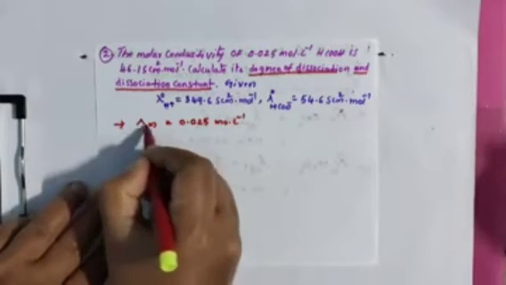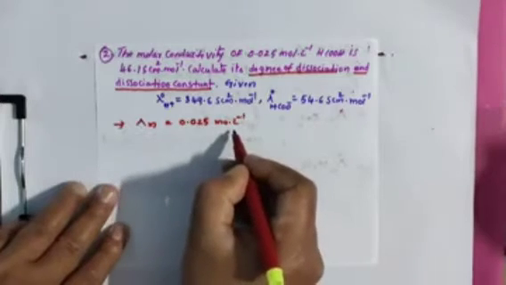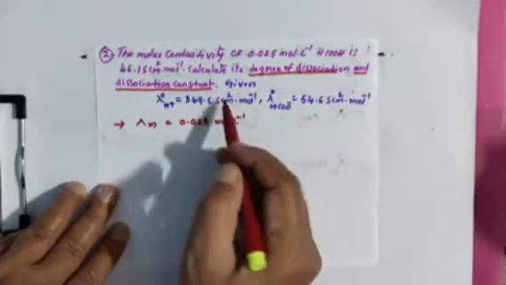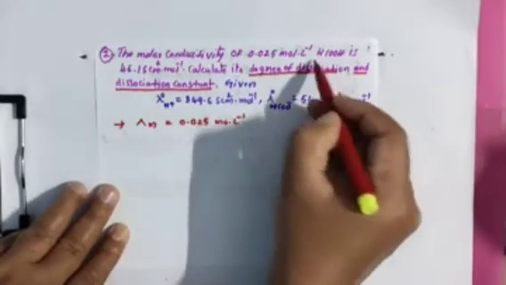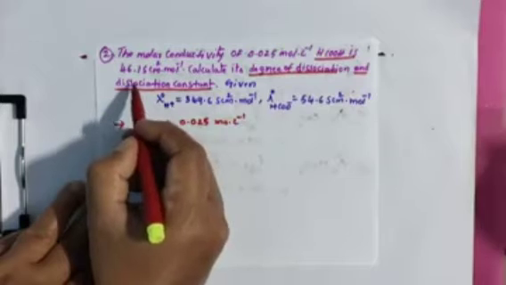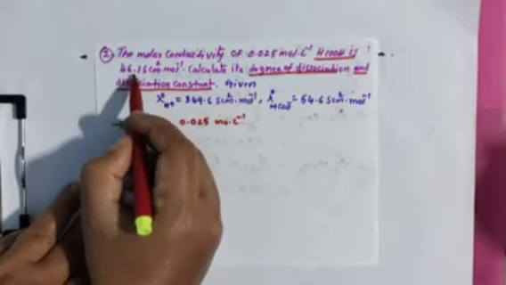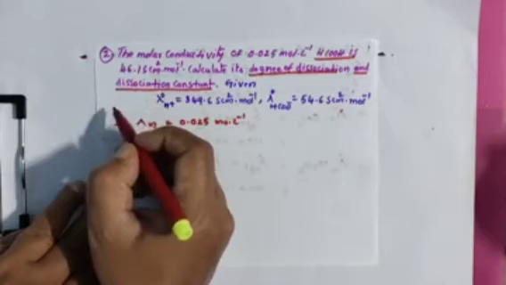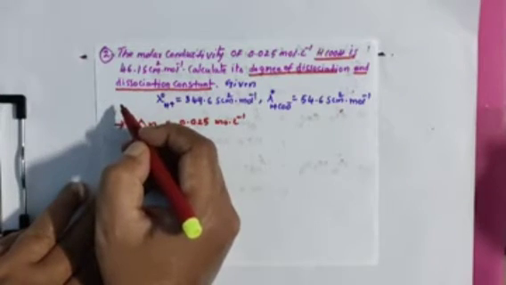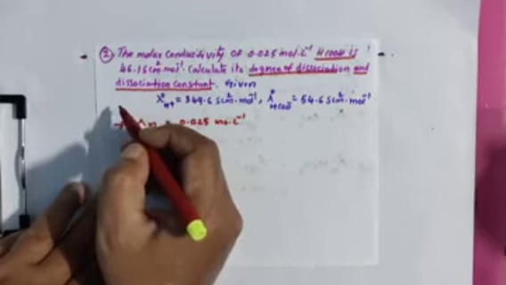Clear? This much they only given. And the molar conductivity of methanoic acid is 46.1.